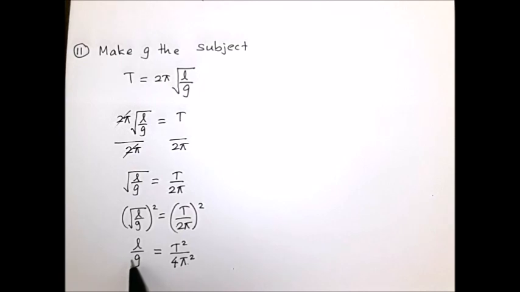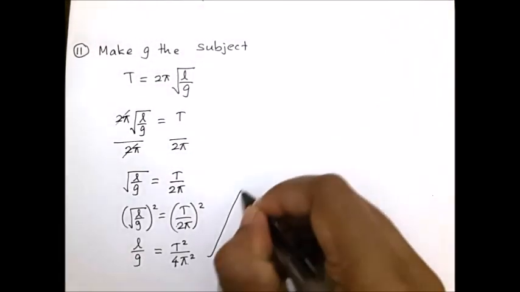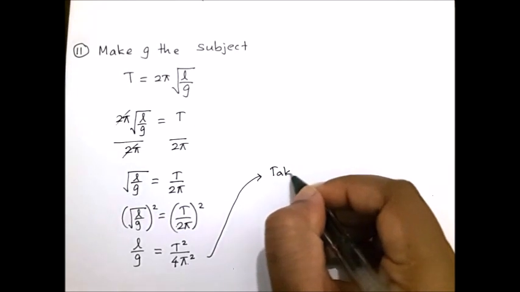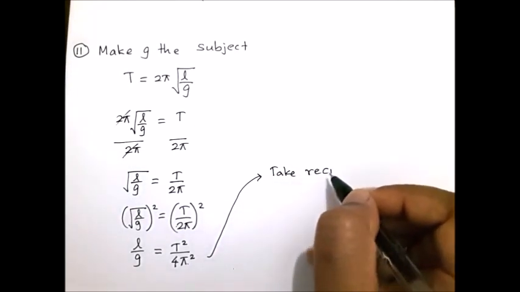You have to make G the subject. So first take G into the numerator place. To take G into the numerator place, take the reciprocal of both sides.